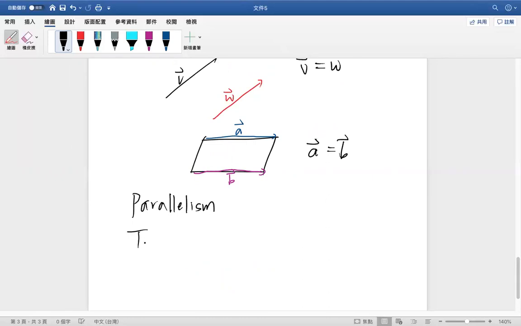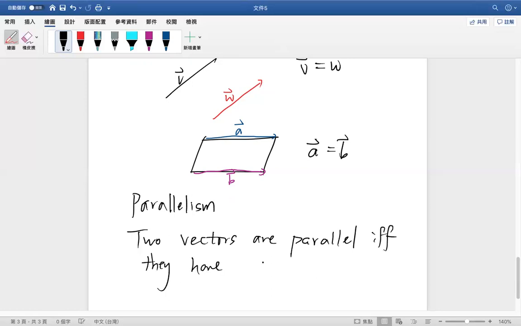So we say two vectors are parallel if and only if they have the same direction. So that's very natural again, right? So it's nothing special here.